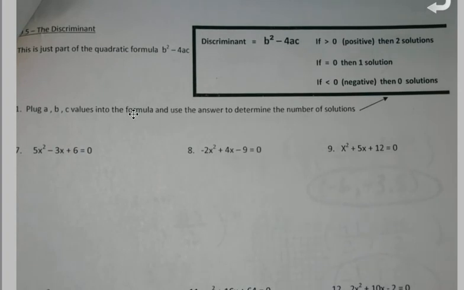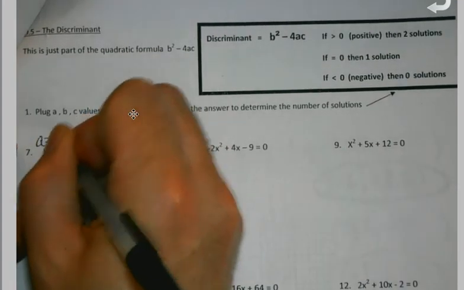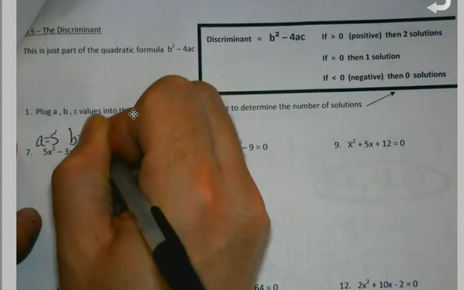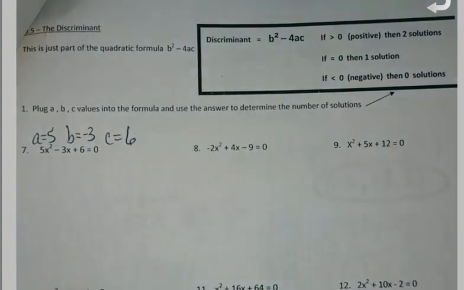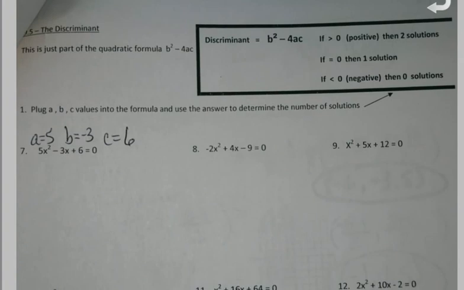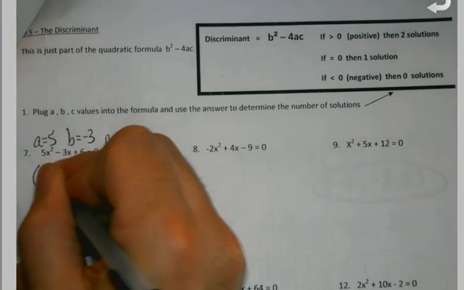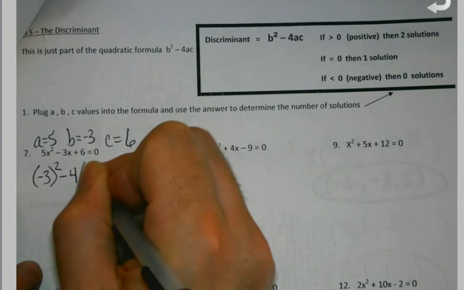So like for instance, if I'm doing number 7 here, same thing with my A, B, and C. Watch your signs. If you see a negative, that has to come with. Otherwise, you're kind of screwed. Whoa, disappeared. Okay. So b squared minus 4ac.